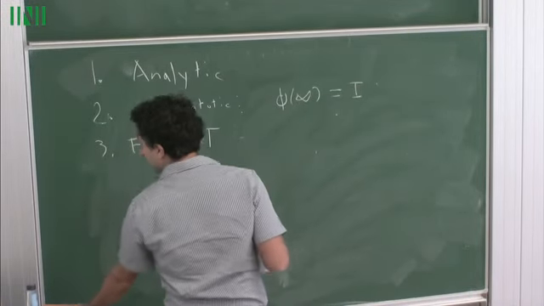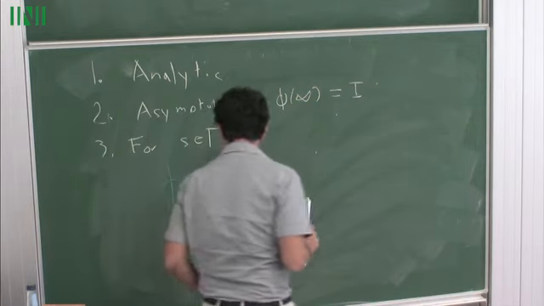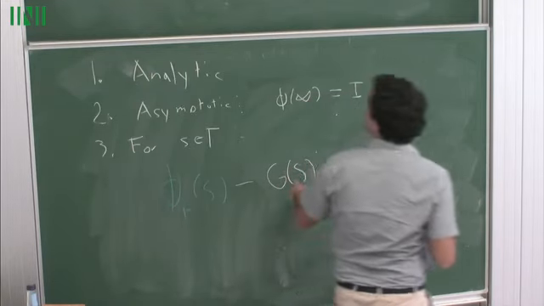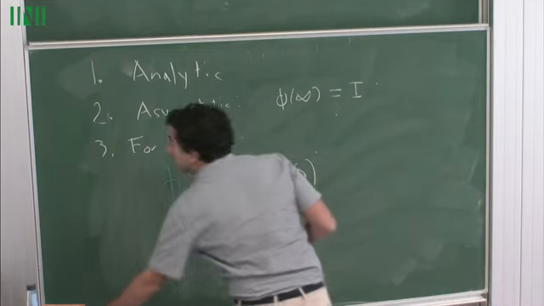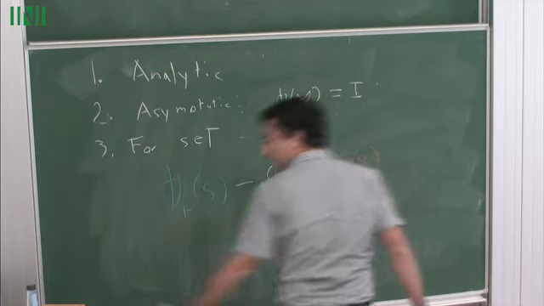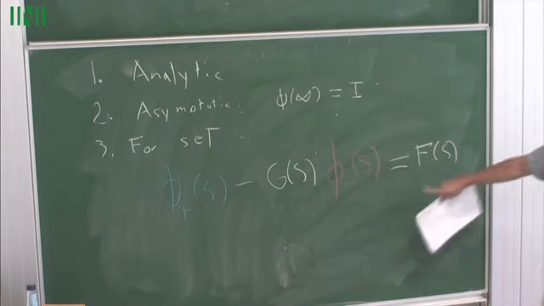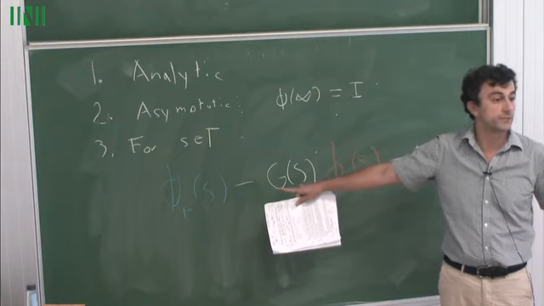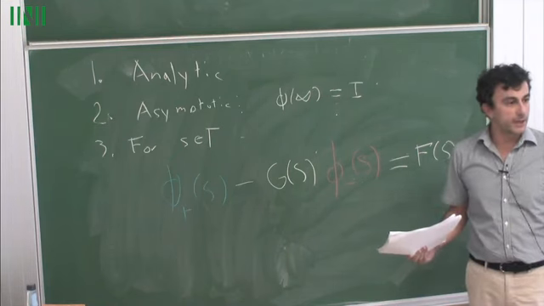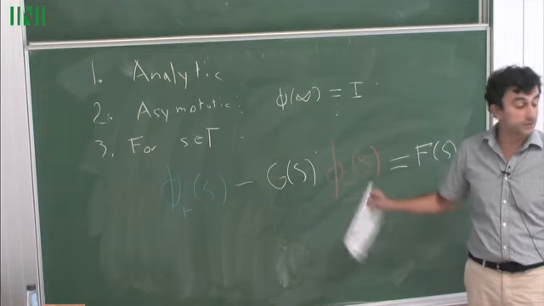So we have phi plus of s minus, g is one of our given functions, is equal to f of s. So basically, given f and g, we want to recover this analytic function phi. Okay. Now we're not going to do this analytically. We're going to do this numerically. So we're going to see how we solve Riemann-Hilbert problems like this numerically.